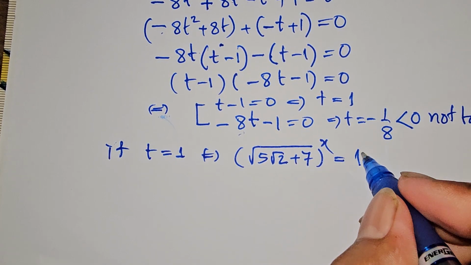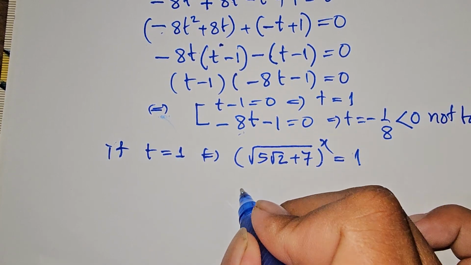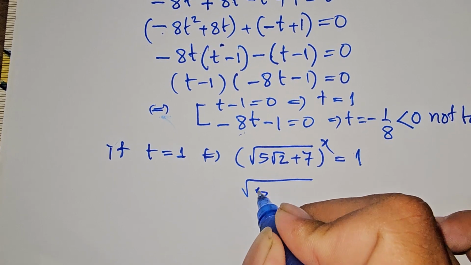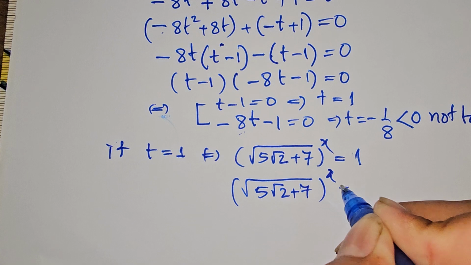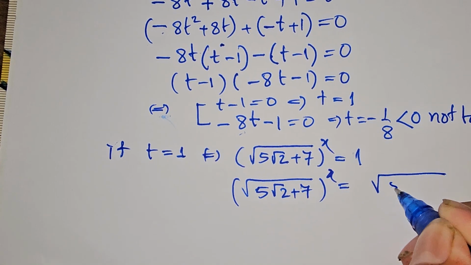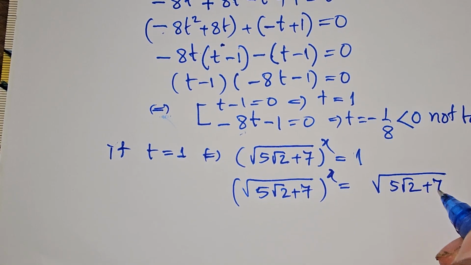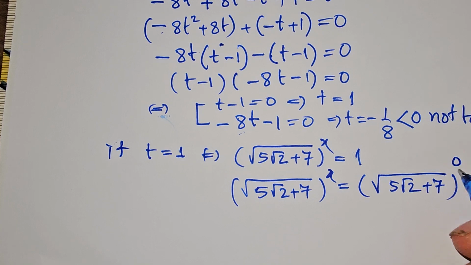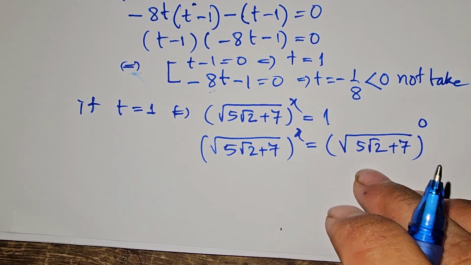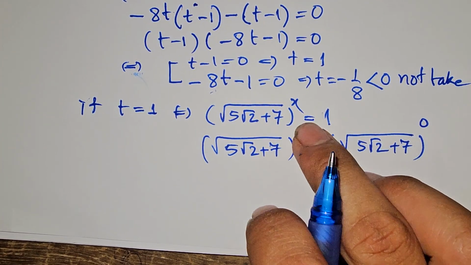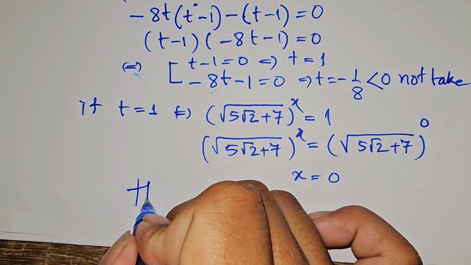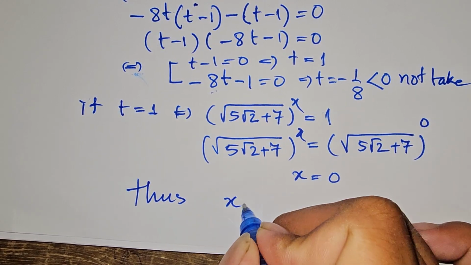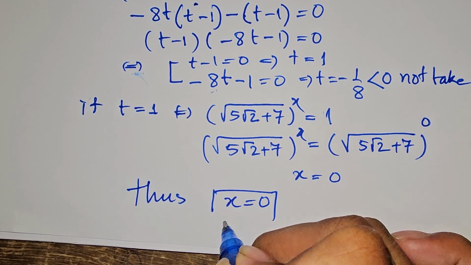We know that this equal to 1 can be written as (√5·√2 + 1) to the power x equals (√5·√2 + 1) to the power 0. So if they have the same base, we get x equals 0. So x equals 0 is our answer.